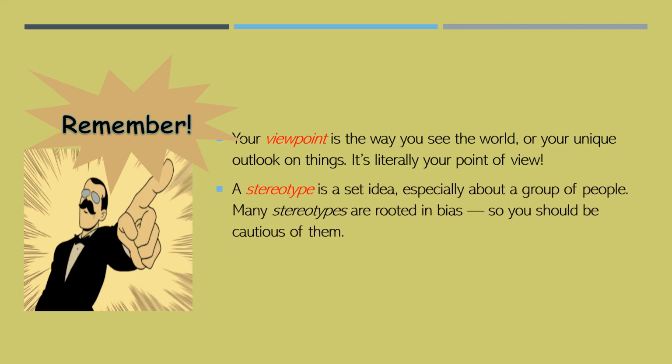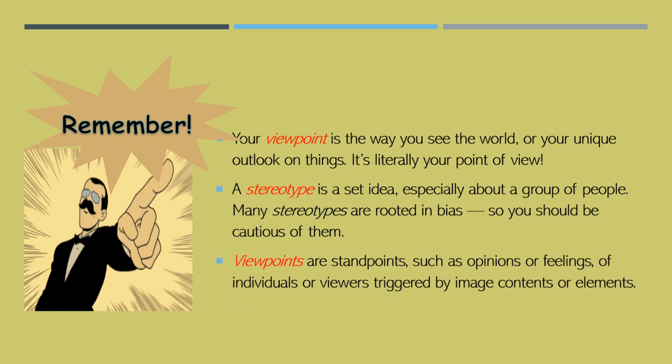A stereotype is a set idea, especially about a group of people. Many stereotypes are rooted in bias, so you should be cautious of them. And last, viewpoints are standpoints, such as opinions or feelings of individuals or viewers triggered by image content or elements.